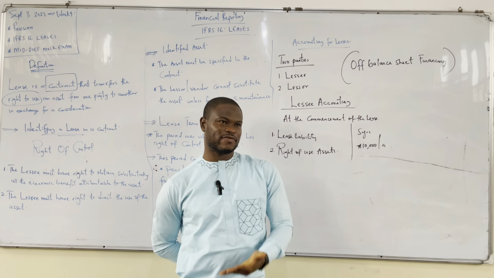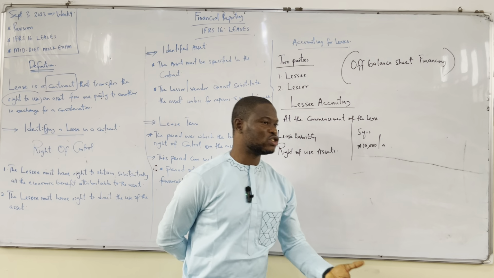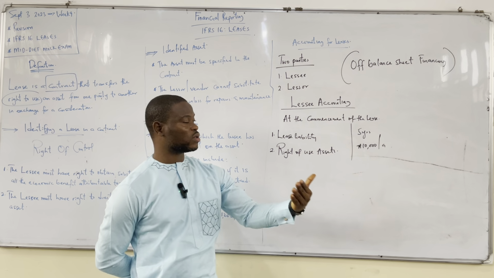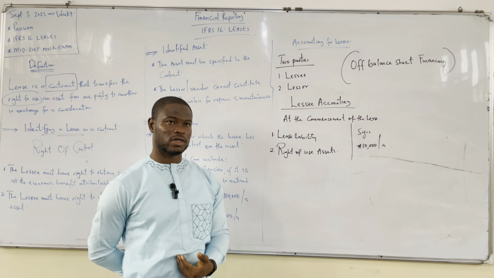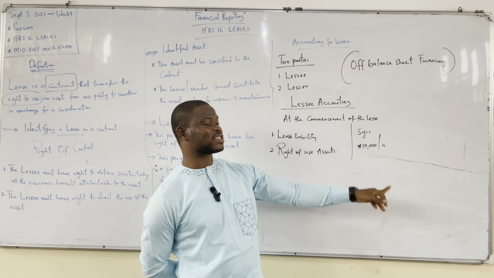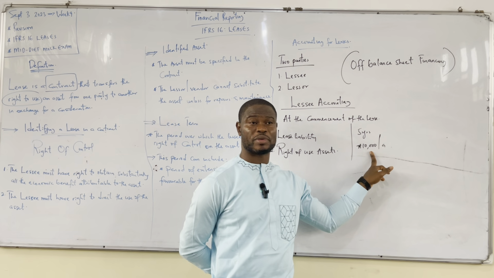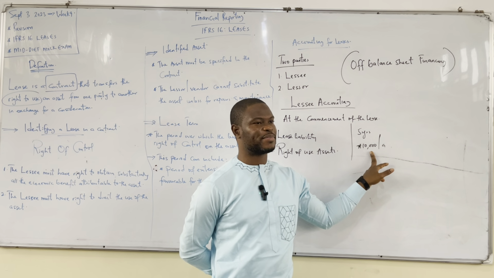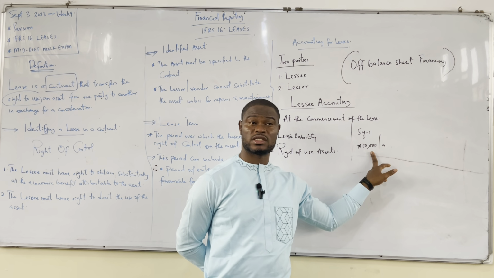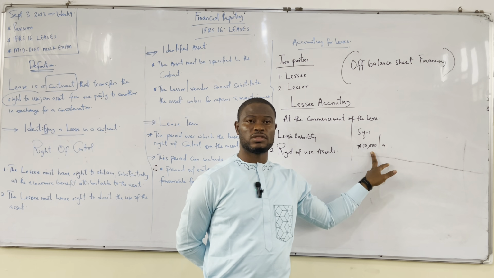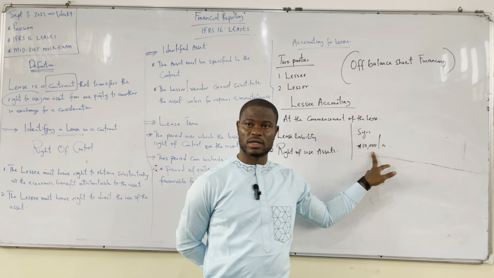We don't recognize future value in the books. What we do is to get the current cost, or what we call the present value. So you have to discount this to present value. And since it's always equal annual payment, when you want to get the present value of equal annual payments, what do you use? You use the annuity formula.